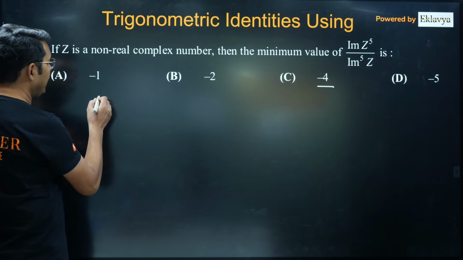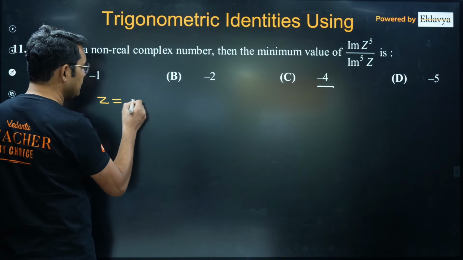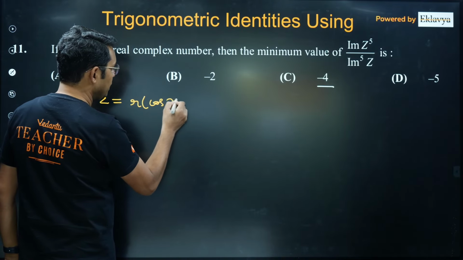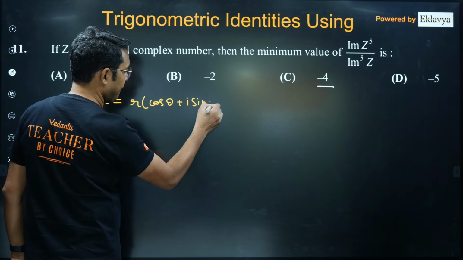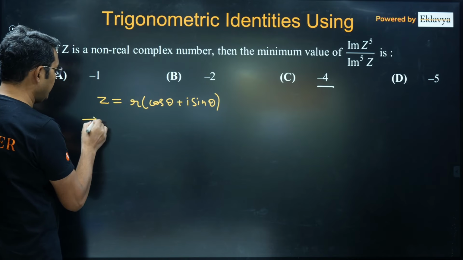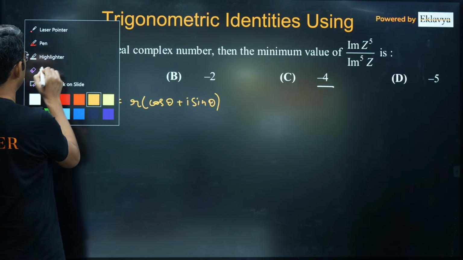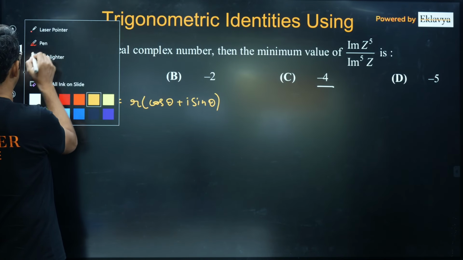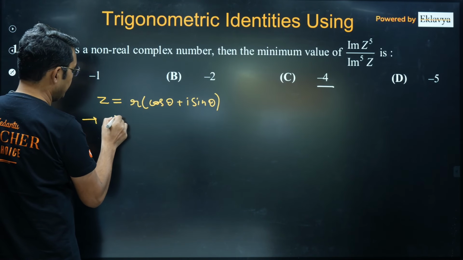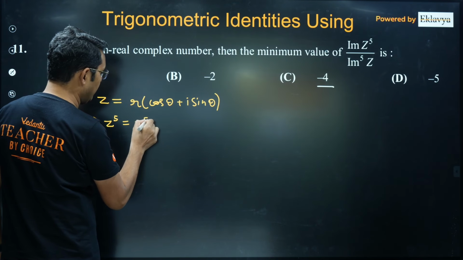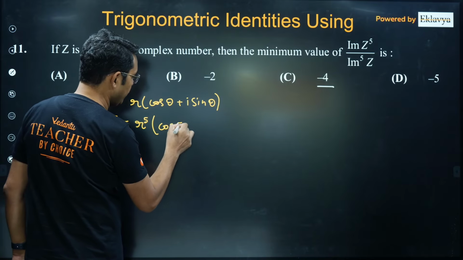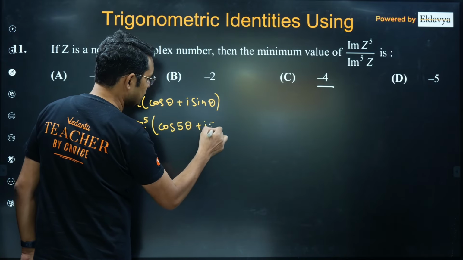So without loss of generality, we can take Z as R into cos theta plus iota sin theta. In that case Z raised to the power 5 will become R power 5 into cos 5 theta plus iota sin 5 theta.